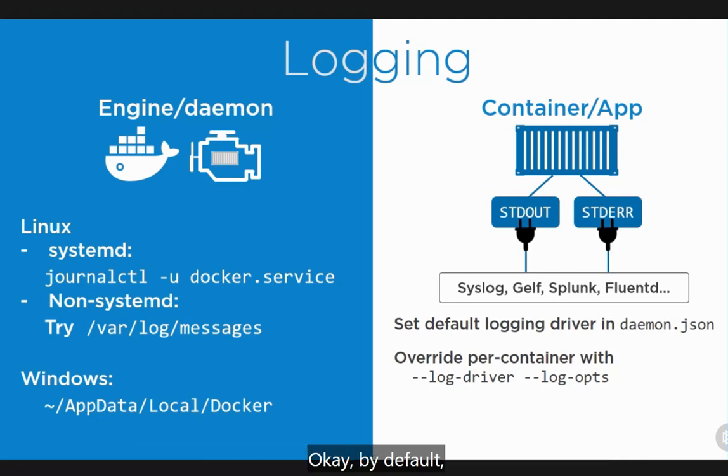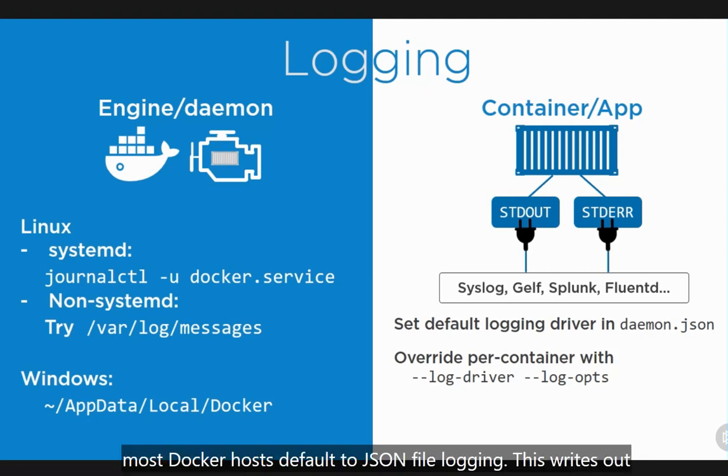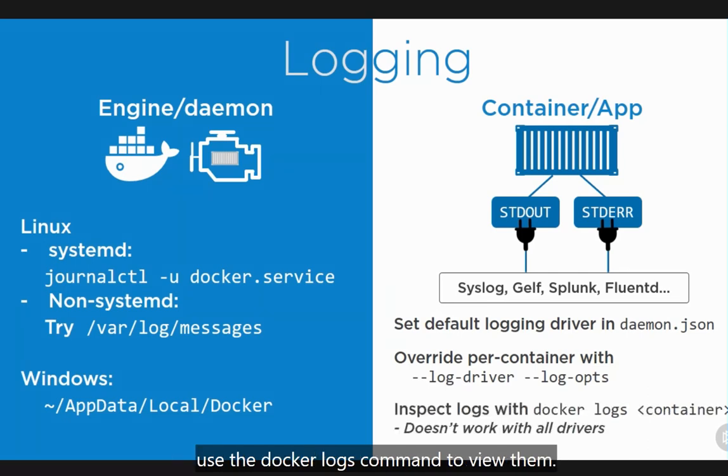Okay, by default, most Docker hosts default to JSON-file logging. This writes out logs to a simple JSON-file format. And it's cool, right, because you can use the docker logs command to view them. It's just docker logs and then the container name. And if you want, you can use -f to follow them and all that goodness. As well as that though, it's really easy to configure journald if you're on a Linux host using systemd.